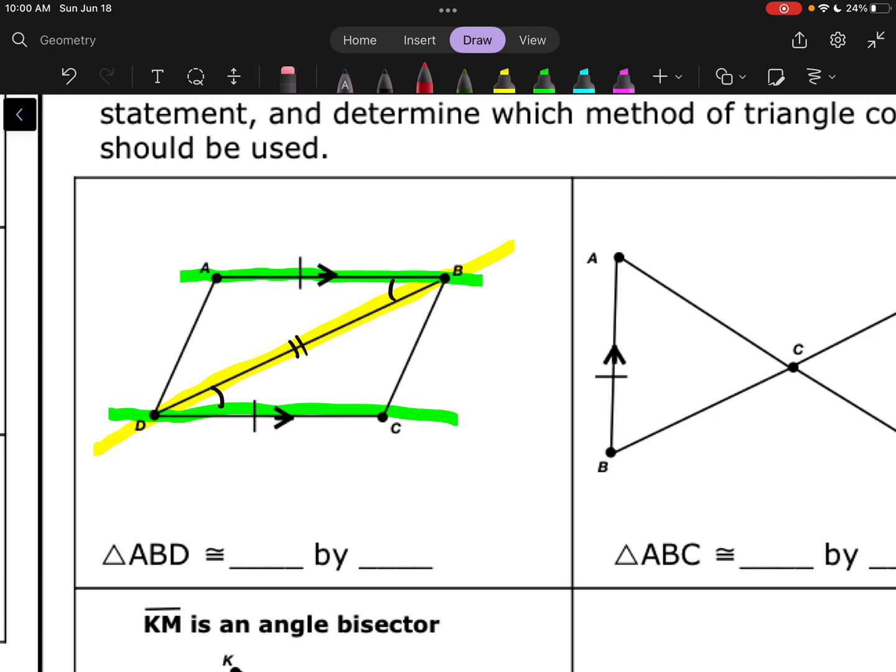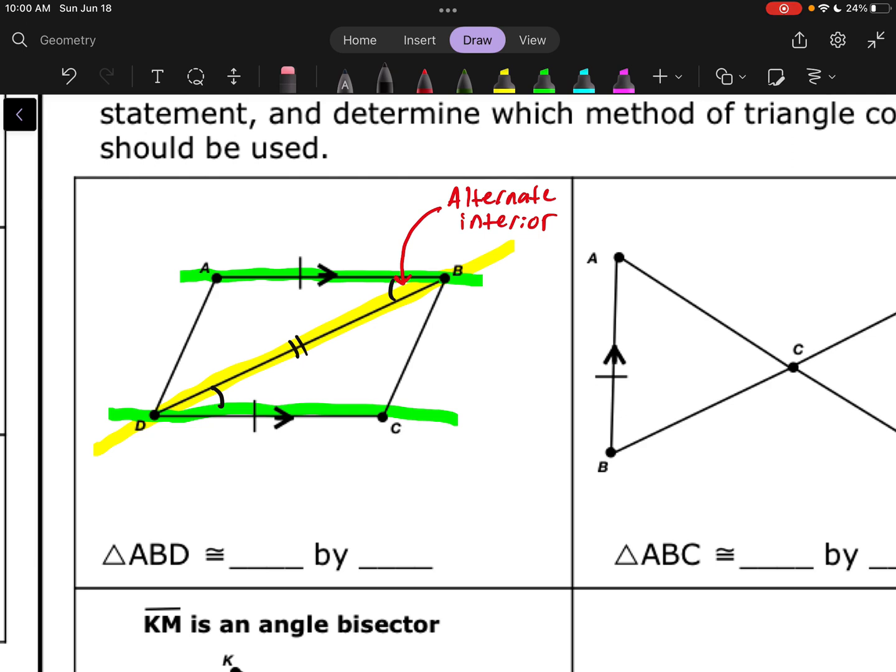This is a new thing. We haven't seen this in an example yet. So I'm going to label it. But that's our third congruent thing. Okay, since we have those parallel lines, that means those alternate interior angles must be congruent. If you see arrows, if you see parallel lines, think about alternate interior angles.